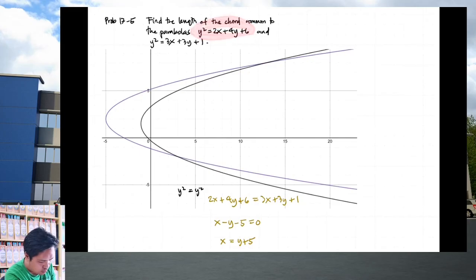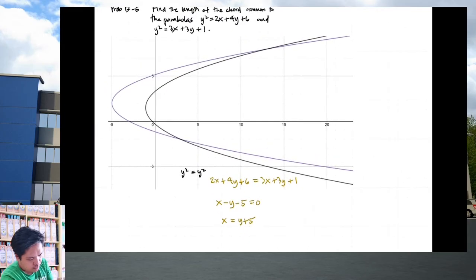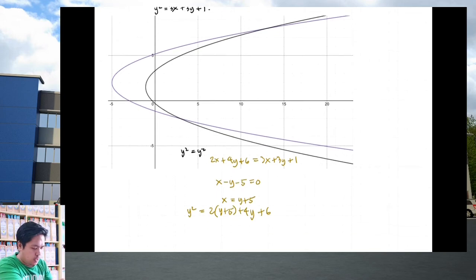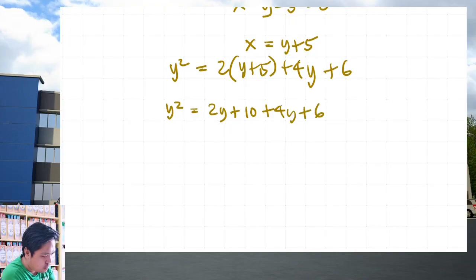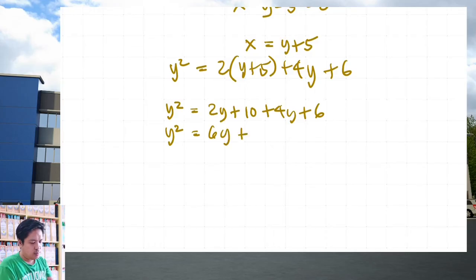But if I use the first equation, I'll have y squared equal to 2 times (y plus 5) plus 4y plus 6. Then I could now solve for y. So y squared equals 2y plus 10 plus 4y plus 6, so y squared is equal to 6y plus 16, or y squared minus 6y minus 16 equals 0.